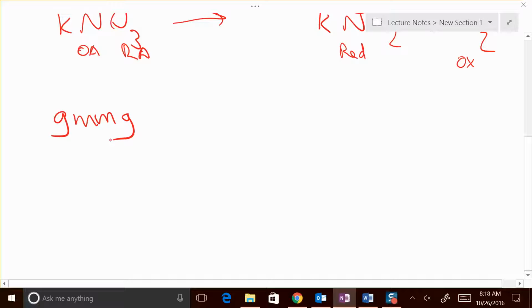This is stoichiometry. If you start with grams, you have to convert to the moles of A, so you can convert to the moles of B, the other thing, so that you can get to the grams of B.